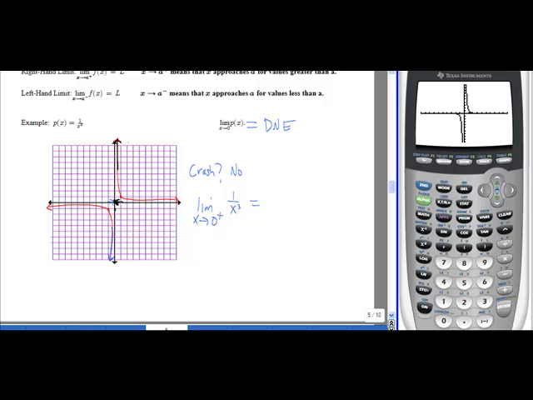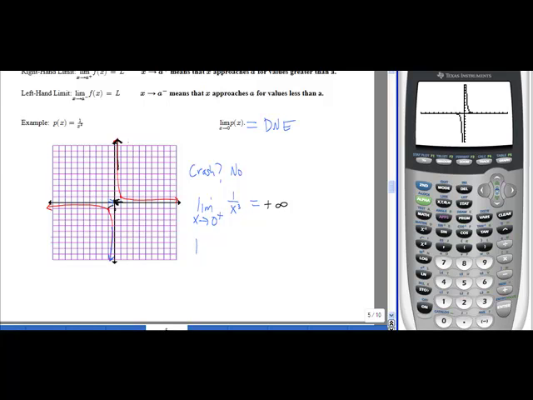So the right-hand side here, which corresponds to this black car driving up. Where is this black car driving towards? Well, it's going up, up, up, up, up. And what is that called when you keep getting bigger and bigger and bigger in the positive direction? That's positive infinity. Okay, so we would say that the right-hand limit goes to positive infinity.